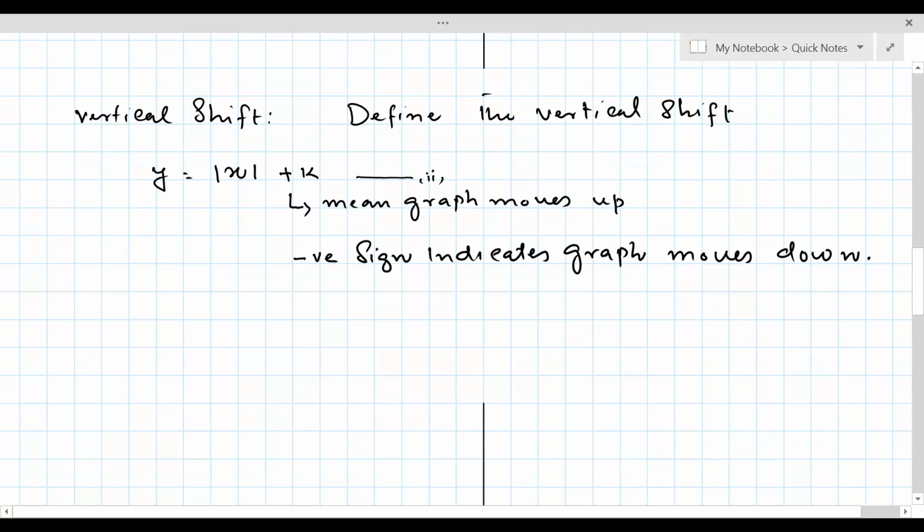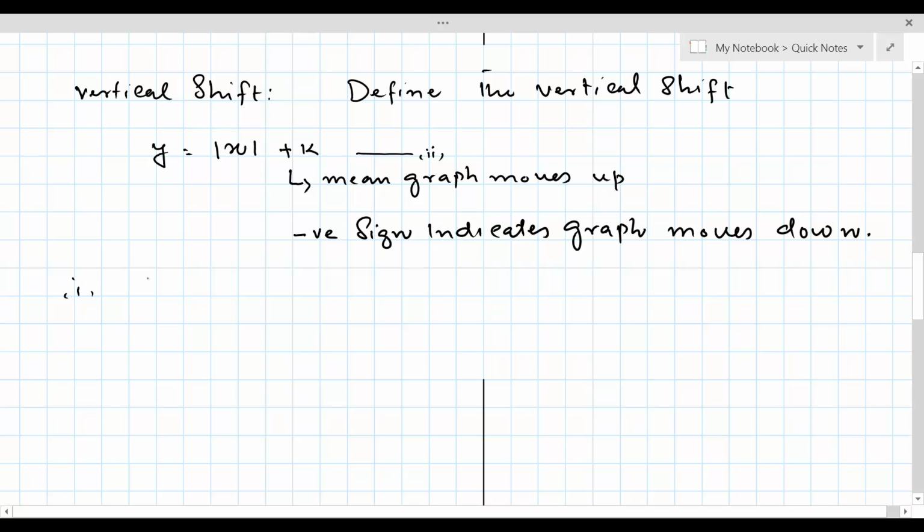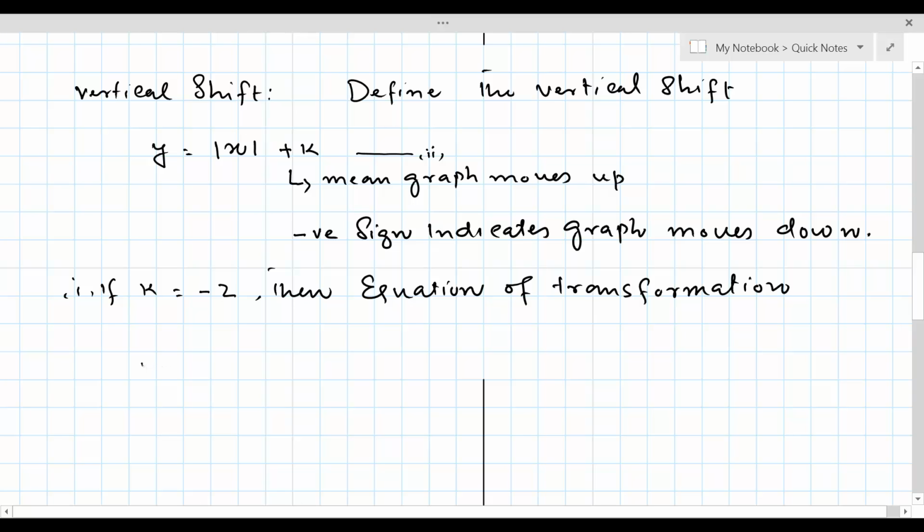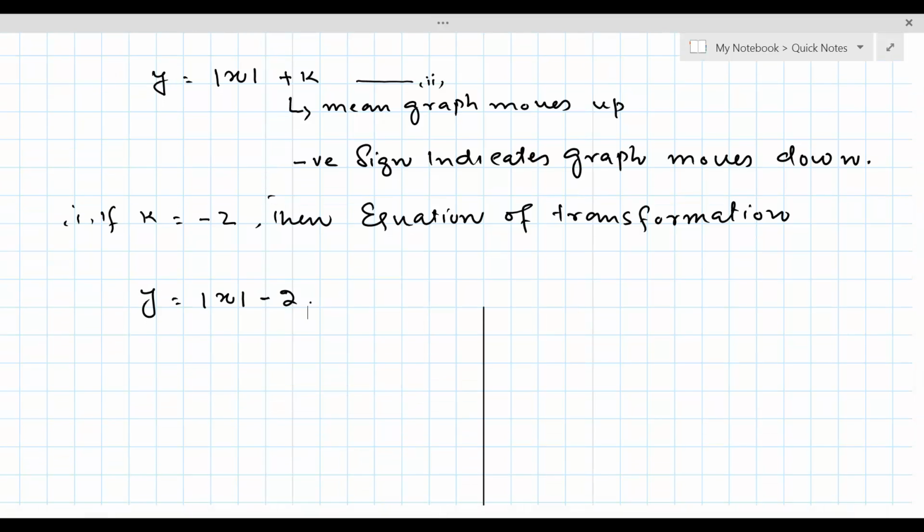So for the first scenario, if we have k is equal to minus 2, then the equation of transformation would be y is equal to mod of x minus 2, which means the base graph y is equal to mod x will move 2 units down.